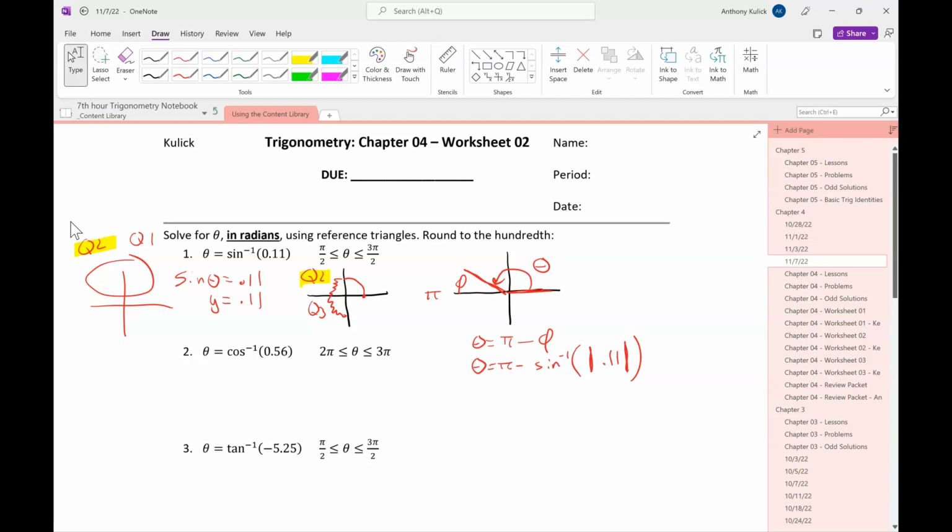Okay, and how do you determine where phi is? It's always between the terminal side and the x-axis. Alright. Is that okay? Yeah. And that's for all of them. The phi is always between the terminal side and the x-axis.